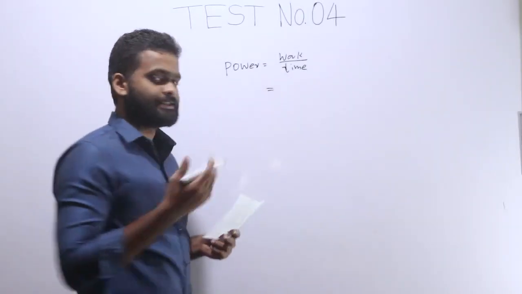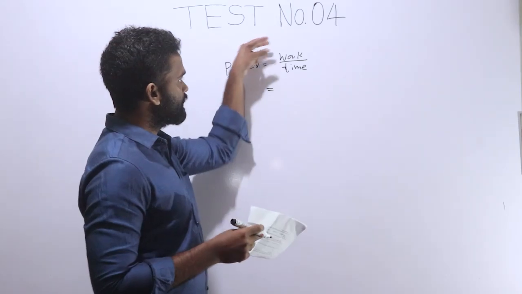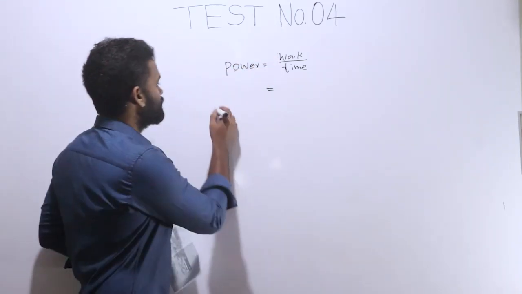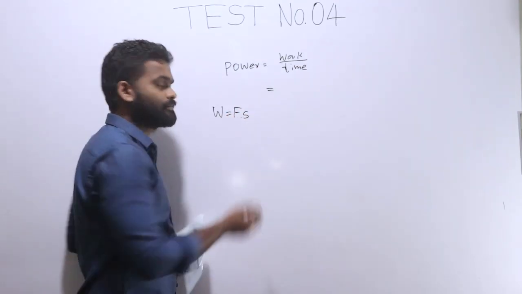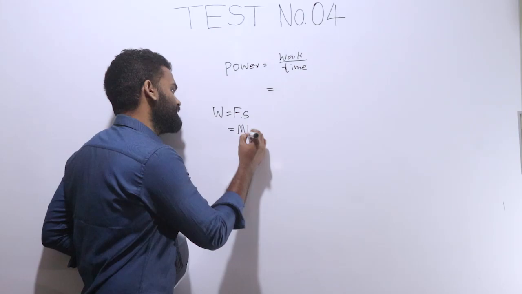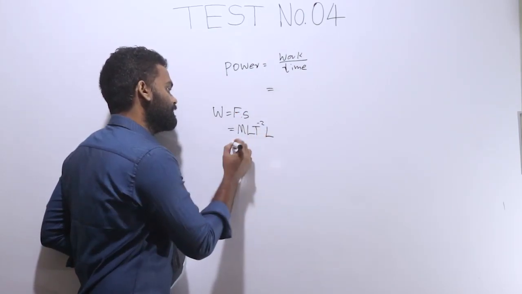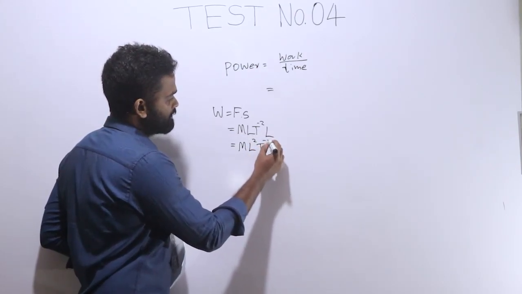First, let's get the dimensions of work easily. Work, W, is equal to force times distance. Dimensions of force is M L T minus 2, and distance is L. Simplifying, that gives M L squared T minus 2.